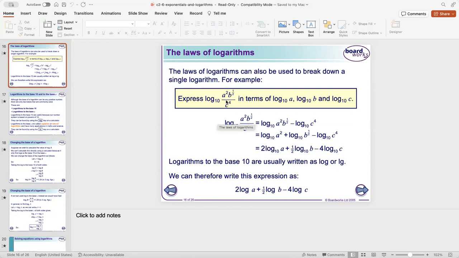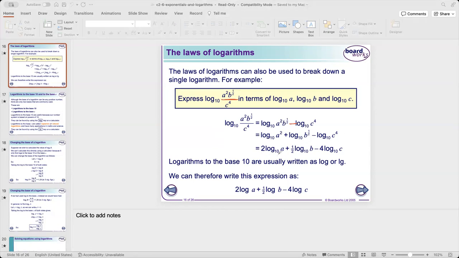So express log of this thing in terms of this and this. When you look at this, you have to see how you can split it into two. So you see the division clearly there. That's why the division is here. Then you know that this is a product, so you need addition, then minus for the power of 4.